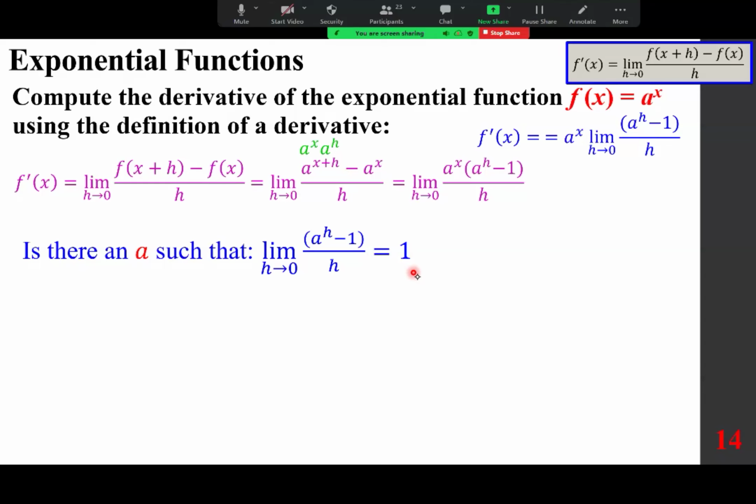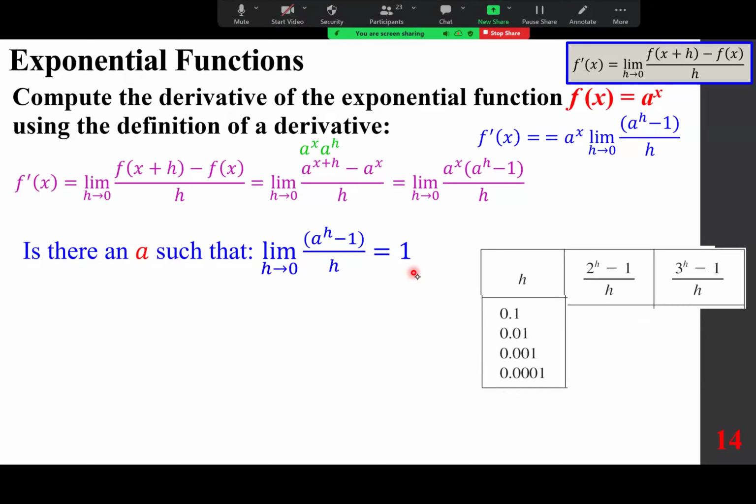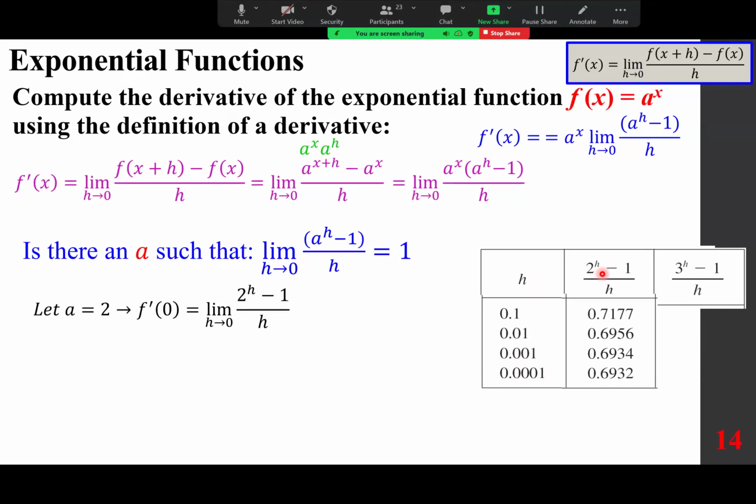So we experiment with numbers. Numerical analysis, we set h equal to 0.1, 0.01, 0.001, and 0.0001. And we evaluate for number 2, which means when a is 2, this limit is equal to 0.69, or you can say 0.7, roughly.